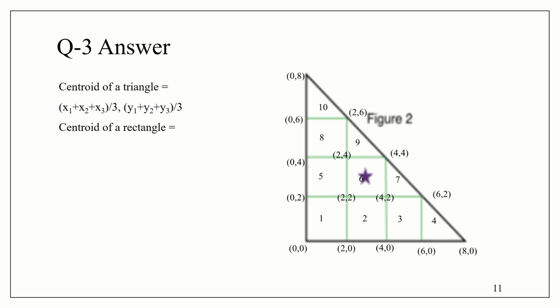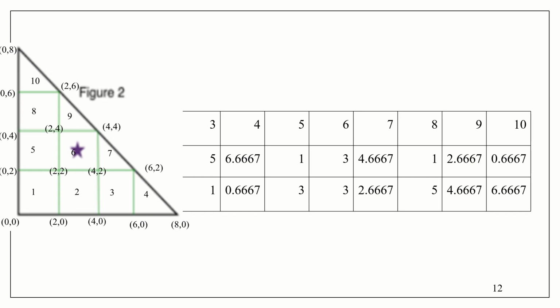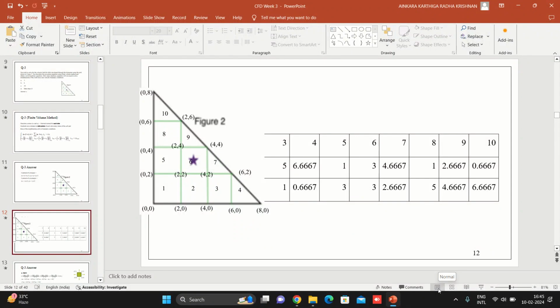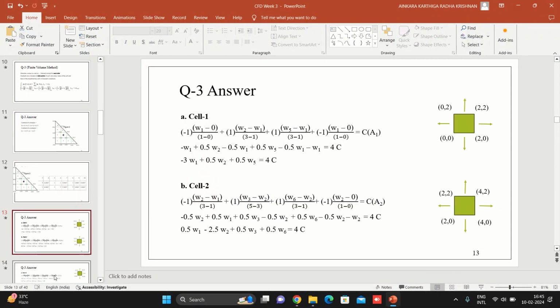And the centroid we have found initially for all those cells. I'll go this way because my system is kind of hanging. From the centroid, for each side we have calculated the gradient dou w by dou x or dou w by dou y.